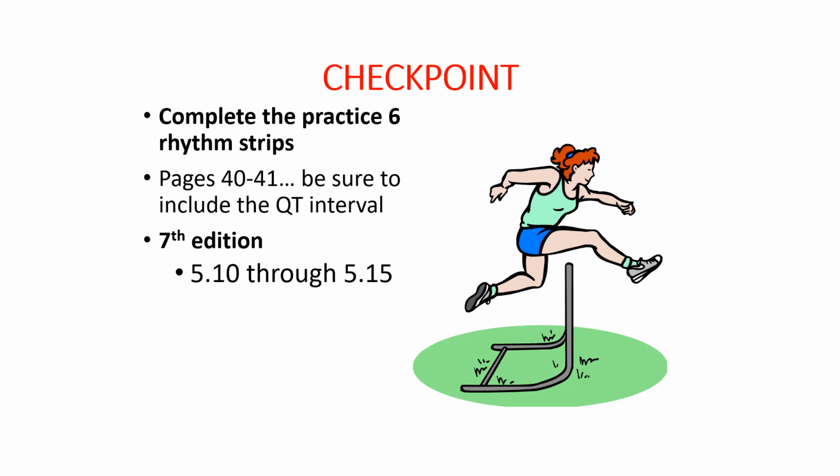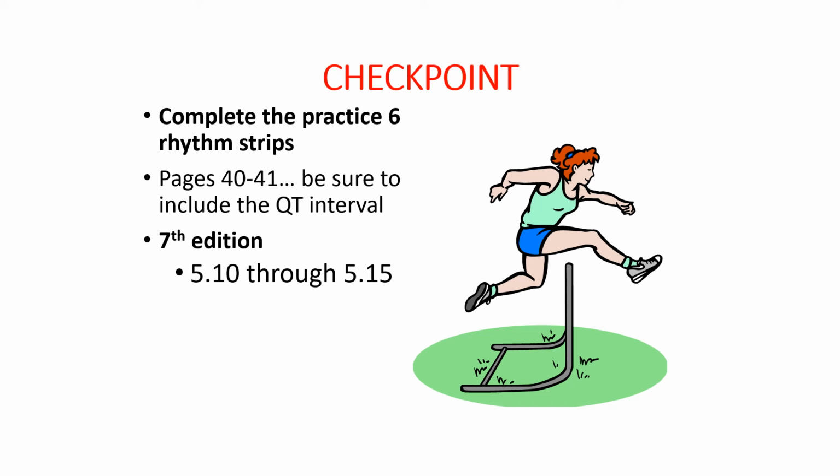So at this point, I want you to go to pages 40 through 41 and do practice strips 5.10 through 5.15. Make sure that you check your rhythm, whether it's regular or irregular, the rate, and note the P waves, if they're sinus, if they're upright and they all look the same, and there's 1 P for every QRS. Then you're going to measure your QRS and your QT interval.